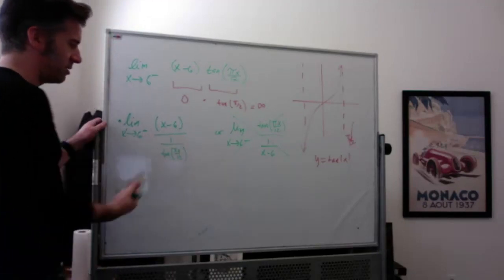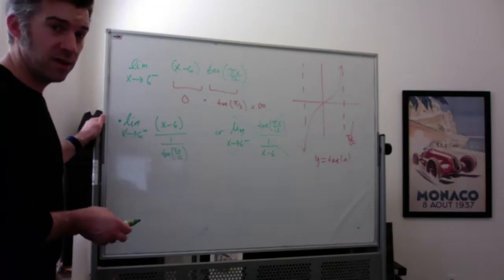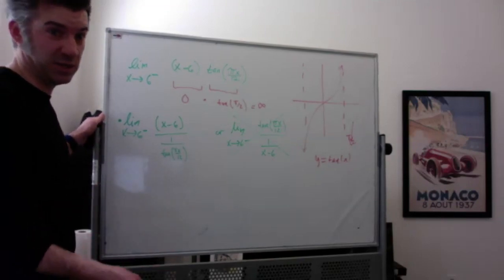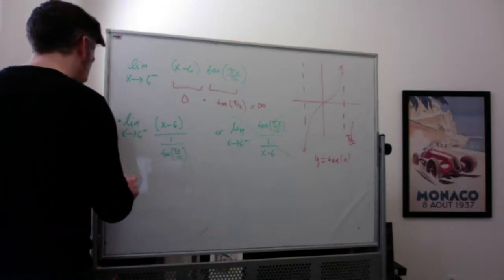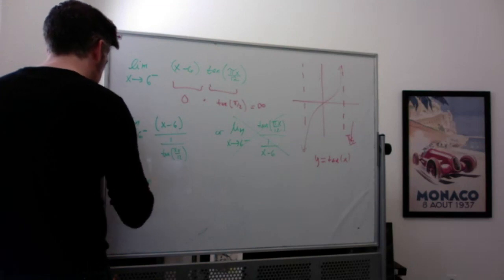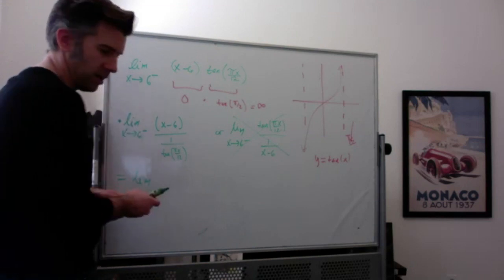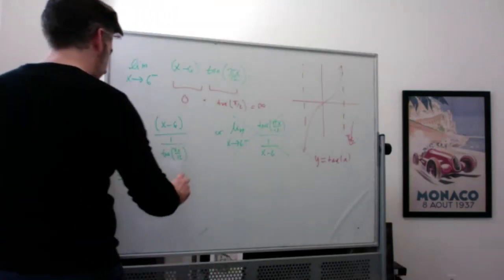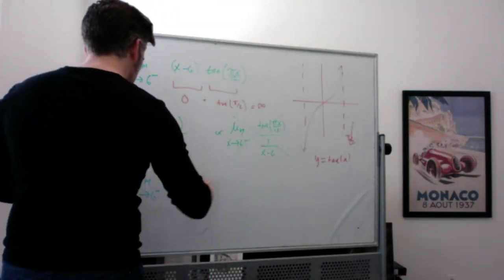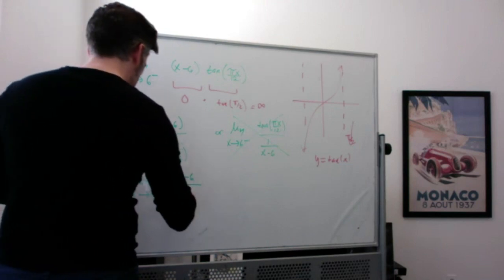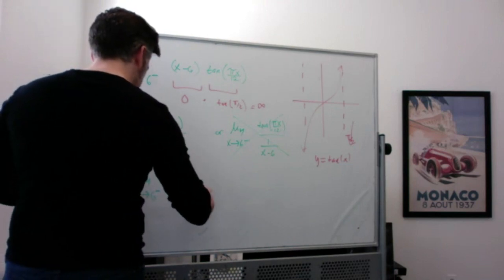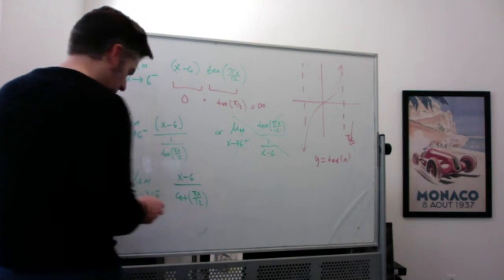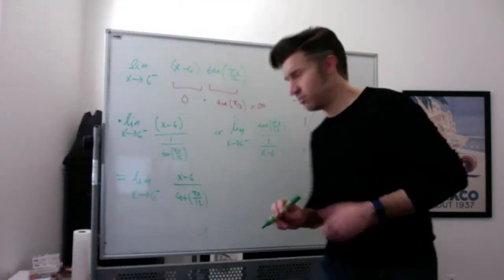And now the thing here is the derivative of 1 over tangent might sound awful until you remember that 1 over tangent is just cotangent. So I can write this as the limit as x goes to 6 from the left of x minus 6 over cotangent of pi x over 12. And now this might be pretty manageable.